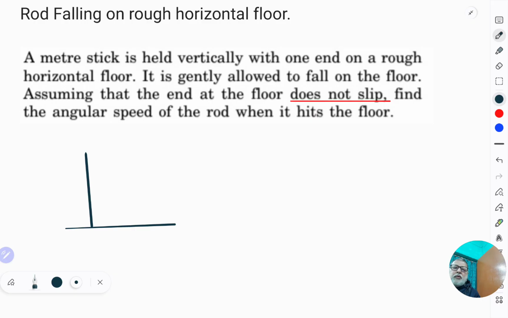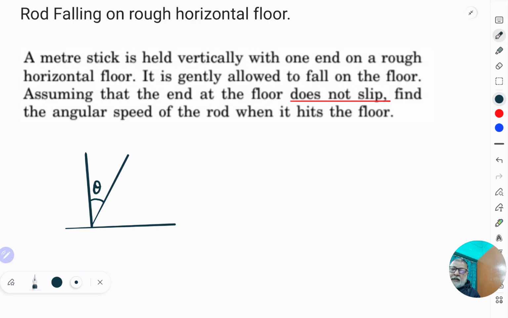Then it is allowed to fall, and while it is falling without slipping, of course, about its end, at any instant t, this is the position of the rod when it makes an angle theta with the vertical.